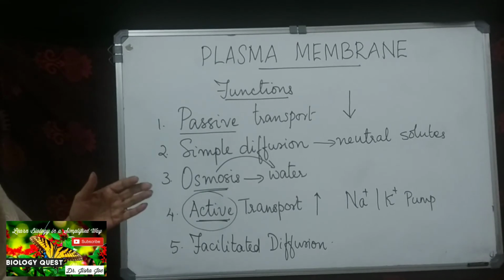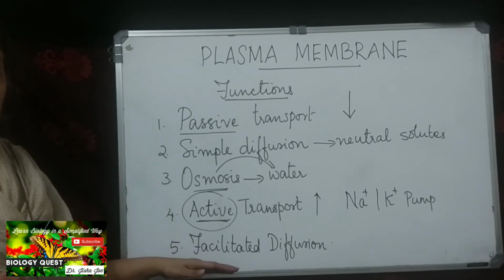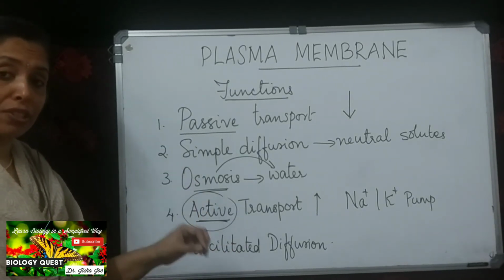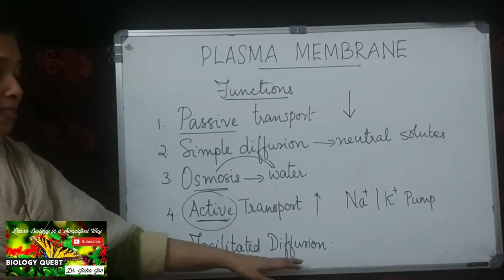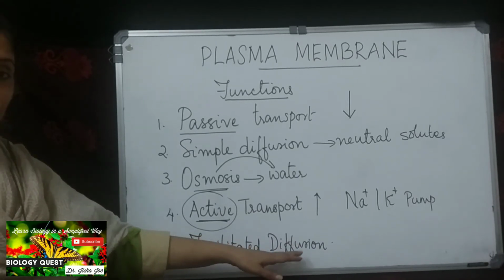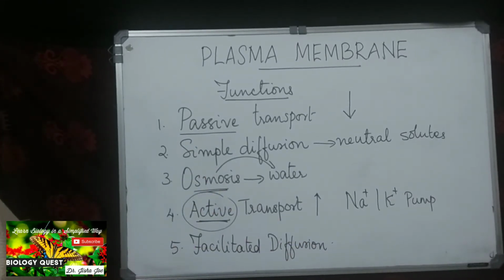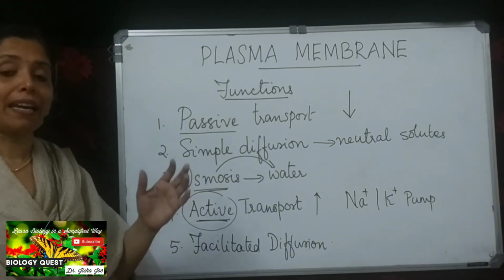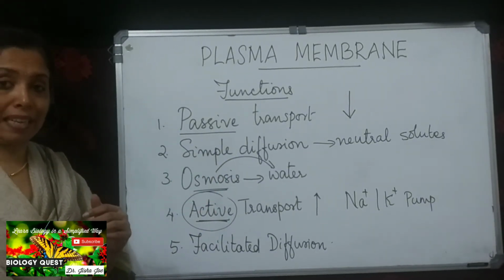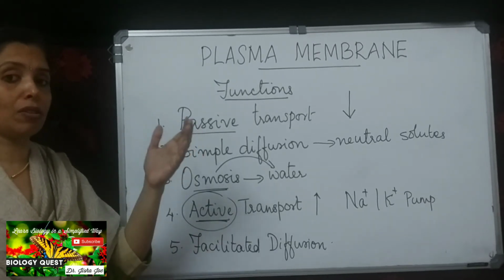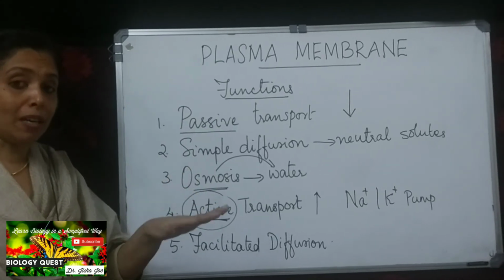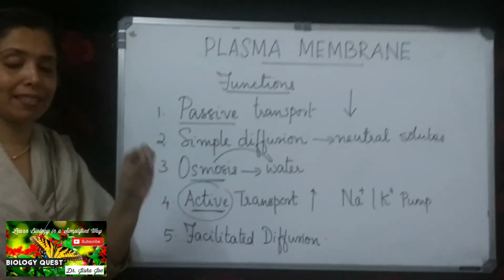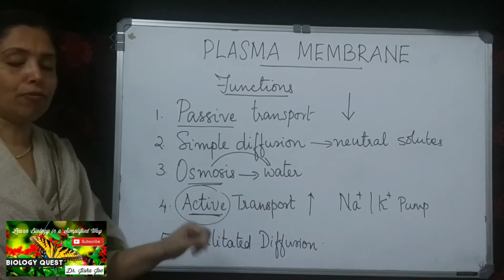This type of transport of substances through special protein channels is called facilitated diffusion. As it is diffusion, it does not require energy. No energy is required, and the molecules move along the concentration gradient, that is, from a region of higher concentration to a region of lower concentration. But here special protein channels are needed for the transportation of molecules.